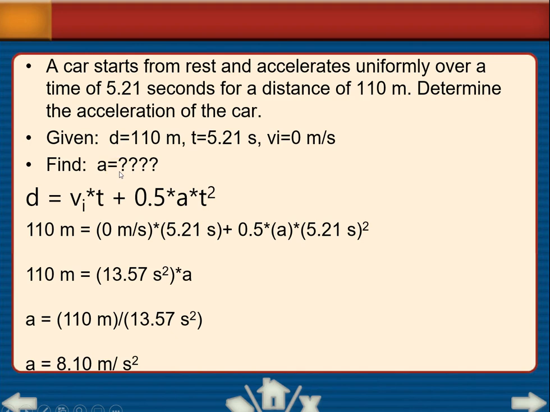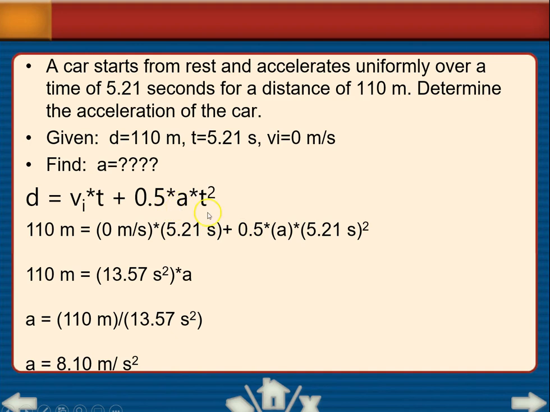So if you look at the kinematics equations you have, the only one that we can use is really this one, because we have an initial velocity, we have a d, we have a t, and we need to solve for a. Okay, so we have our d, 110 meters. We have our initial speed, 0 meters per second, times our time, 5.21 seconds.